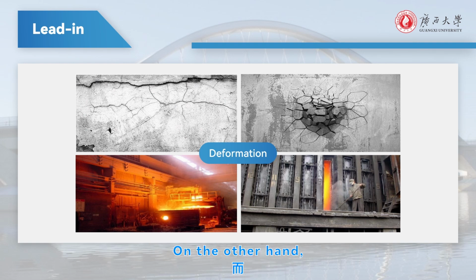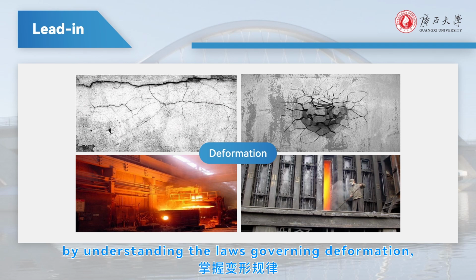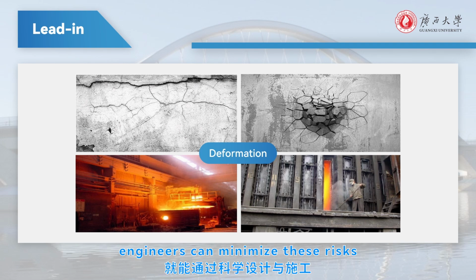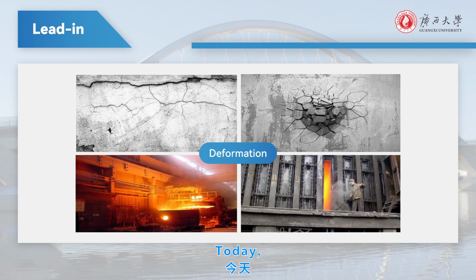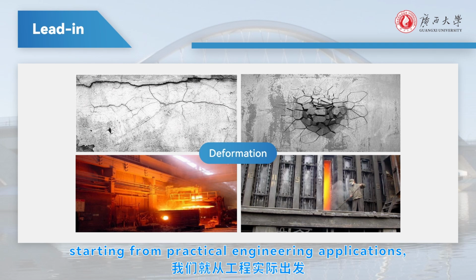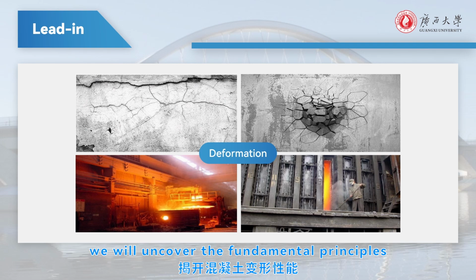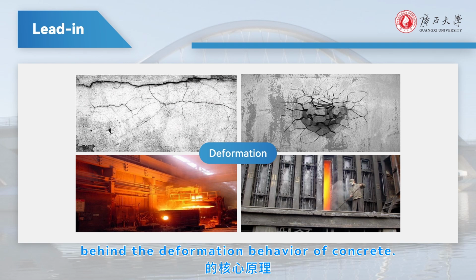On the other hand, by understanding the laws governing deformation, engineers can minimize these risks through proper design and construction practices. Today, starting from practical engineering applications, we will uncover the fundamental principles behind the deformation behavior of concrete.